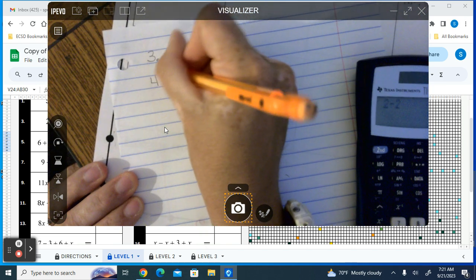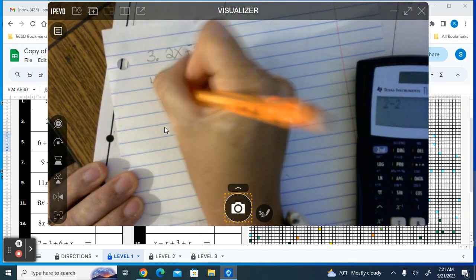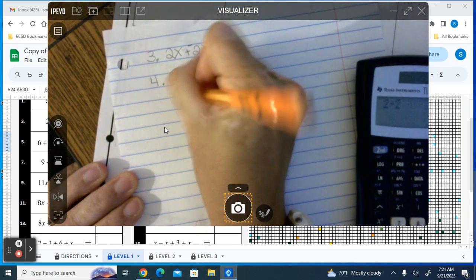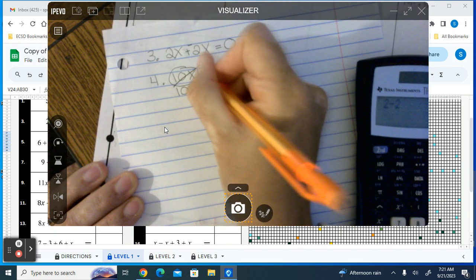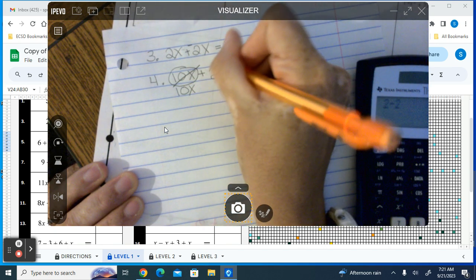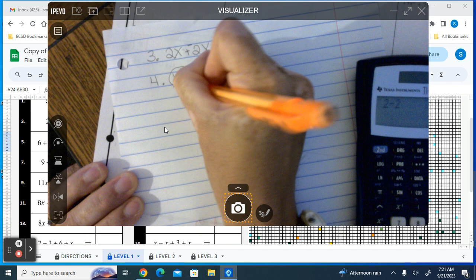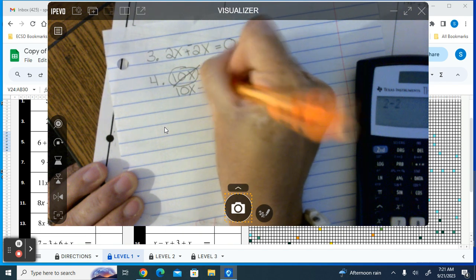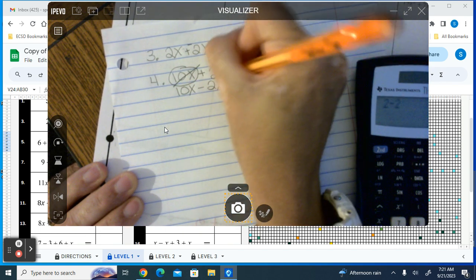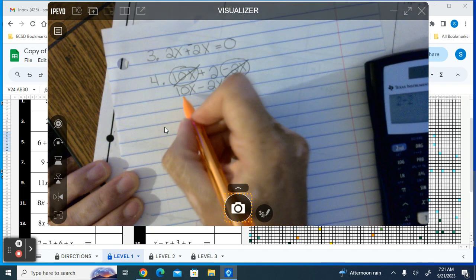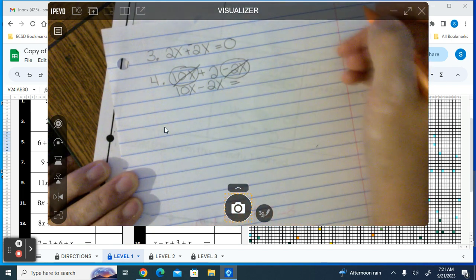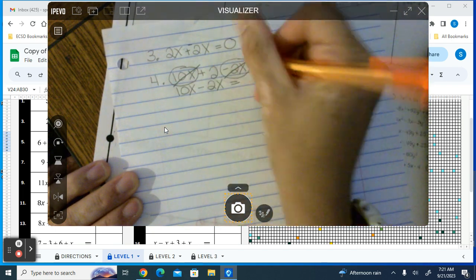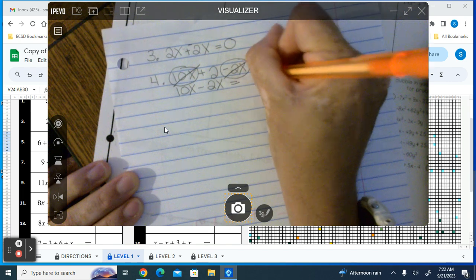We're going to circle my x's, and rewrite it. So I've got a 10x, plus 2. I can't combine it, but I do have a negative 2x. So I'm going to put negative 2x down here. Cross that guy out. So 10x minus 2x is the same as 10 minus 2. So that gives me 8x.